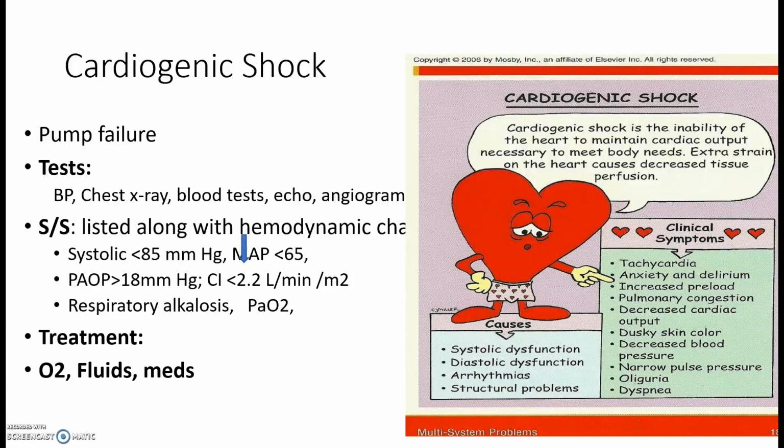Respiratory alkalosis, we will see initially the patient will have respiratory alkalosis because he will try to compensate for decreased oxygenation in tissue perfusion, but eventually respirations will decrease and the patient will retain more CO2, turning into both respiratory and metabolic acidosis. And PaO2 will also drop, and I'll talk about that. If it's below 60, that's really a bad sign.